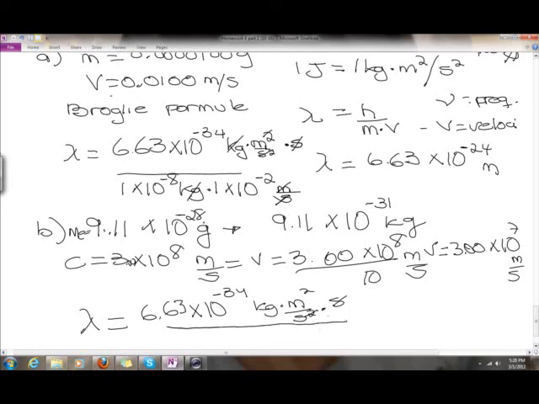What is the value on bottom? It would be the mass of the electron, which is 9.11 by 10 to the minus 31 kilograms, since we already converted to kilograms, multiplied by the velocity, which is 1/10 the speed of light, 3.00 by 10 to the 7 meter per second.